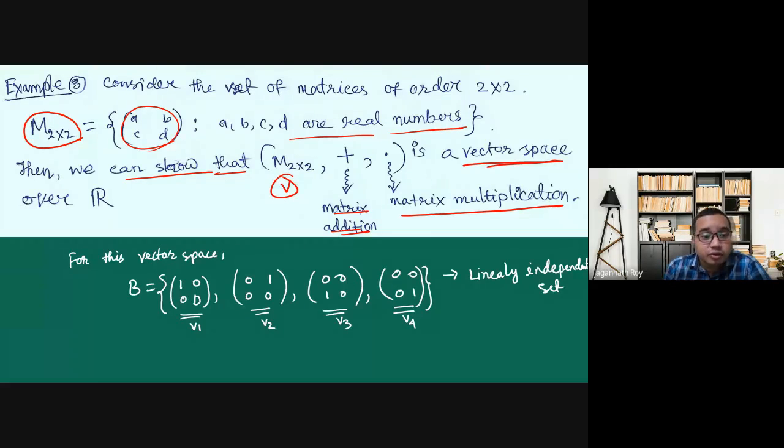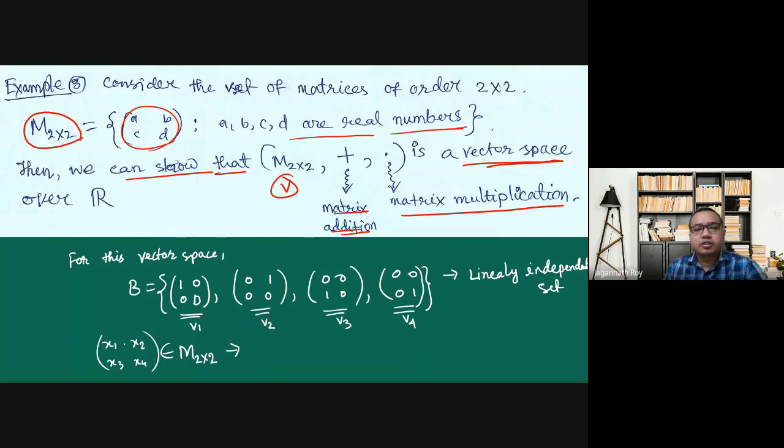Then the task is to select any x1, x2, x3, and x4 belonging to V, where V is our M 2 by 2.